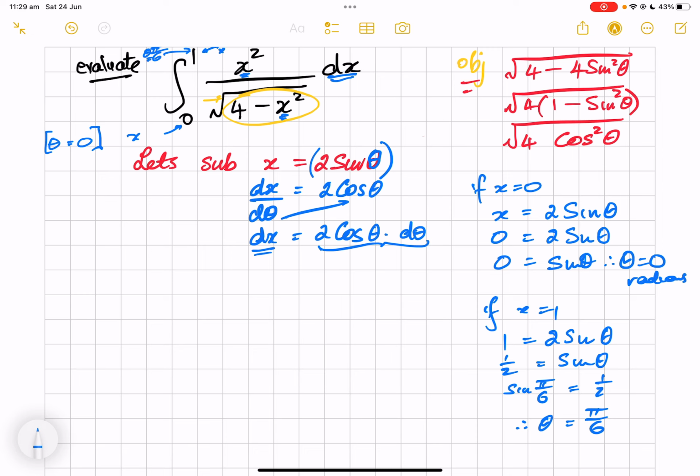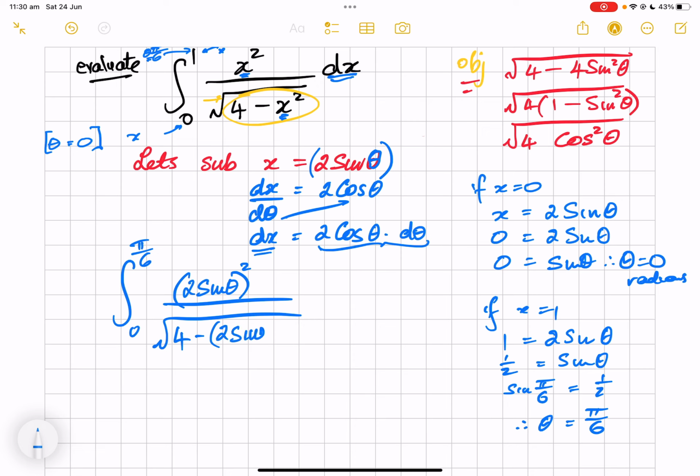Okay, let's rewrite it. 0 radians, pi over 6 theta. x is 2 sine of theta. We square that. 4 minus, and x is 2 sine of theta. We square that.